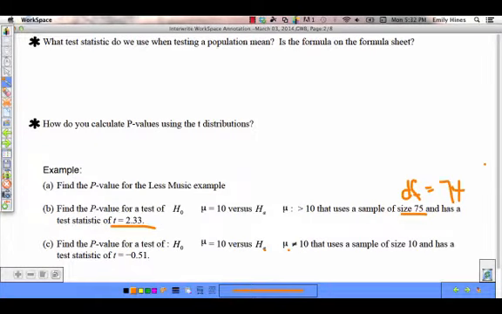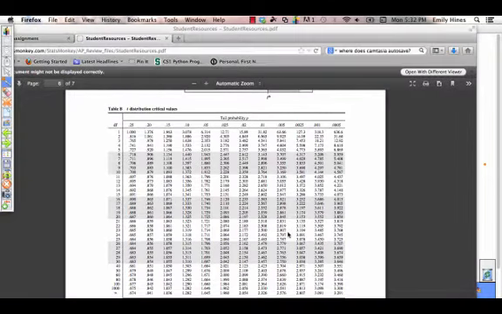If I go to Table B, my biggest problem lies in this degrees of freedom. Remember, if I can't be exact with my degrees of freedom, I need to be more conservative, which means I need to go down. So I need to pick 60 instead of 80. So I go to 60 and scroll over to where I see the 2.33, and the closest I can get is between these two, 2.099 to 2.390.